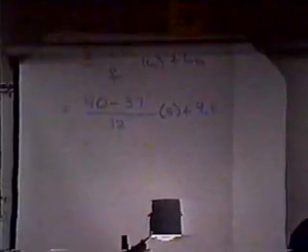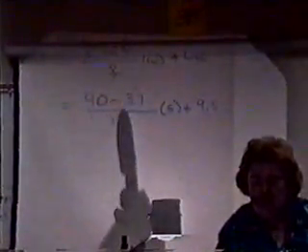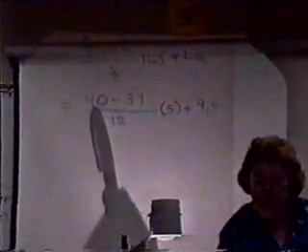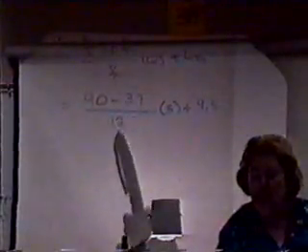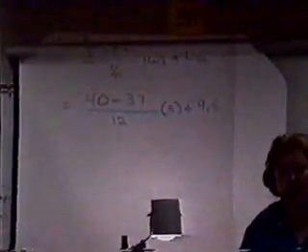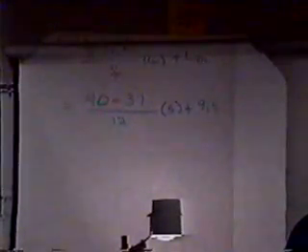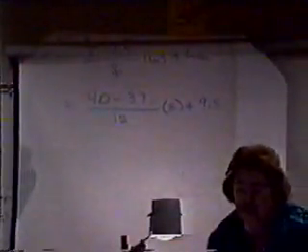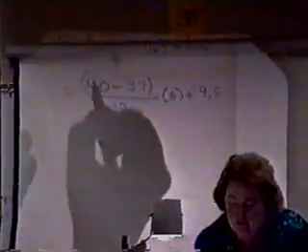Now when you do this on your calculator, you have to do this one of two ways. When you are using a fraction on your calculator, if you punch in 40 minus 37 divided by 12, your calculator divides before it subtracts. So anytime you have a formula that has a plus or minus in the fraction, you need to enter parentheses.